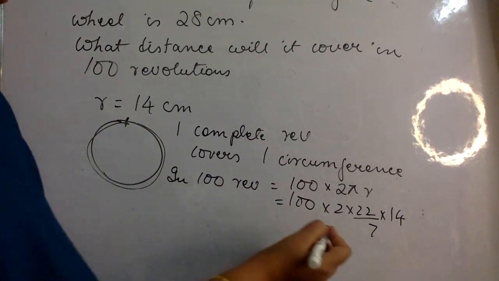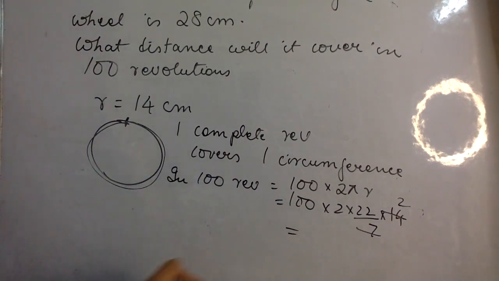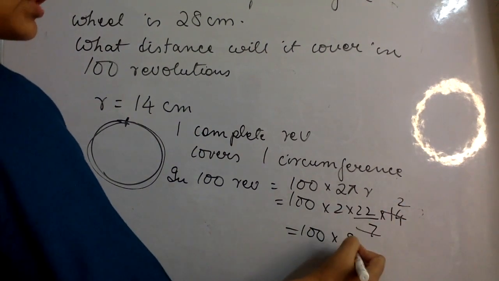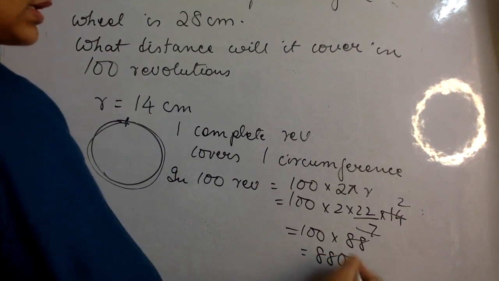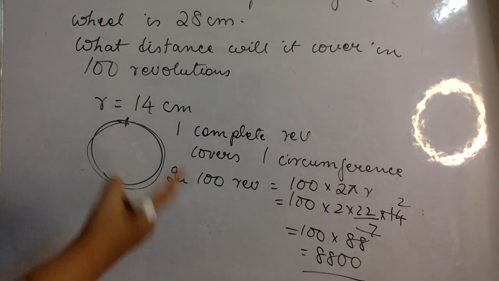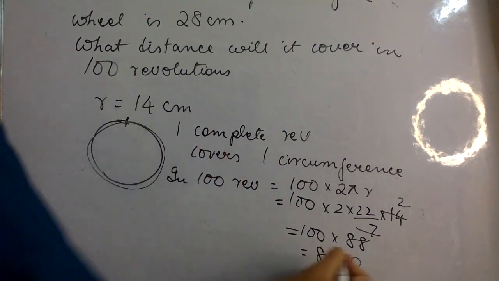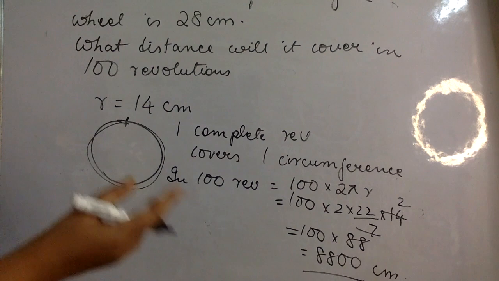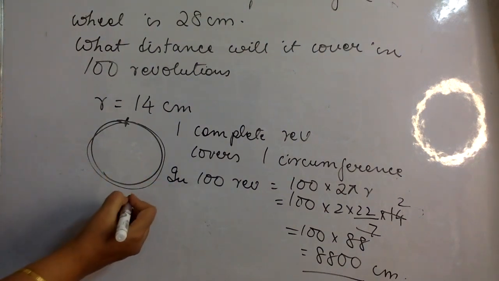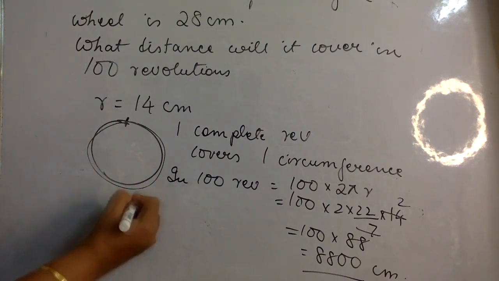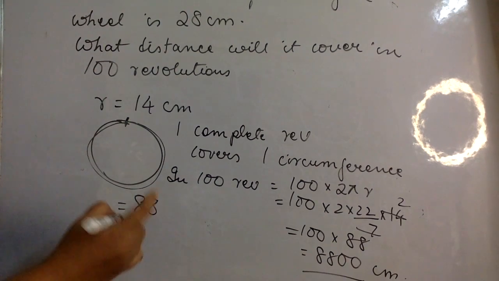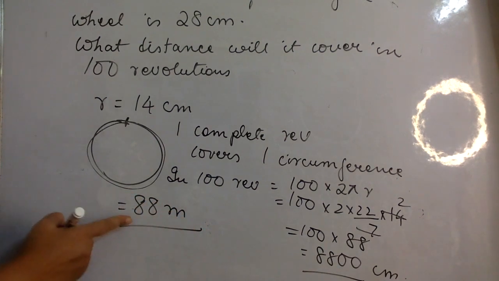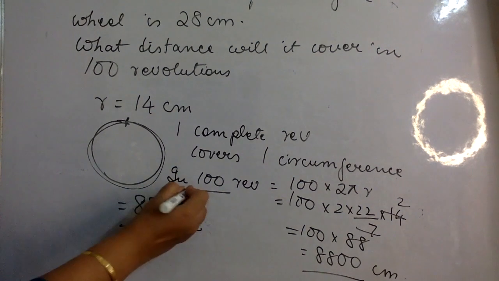Now we can cancel this, and so 100 into 4 into 22 is 8,800. What is the unit? 8,800 centimeters. If you want, you can make it in meters, 88 meters, because 100 centimeters make a meter. So this much distance it covers in 100 revolutions.